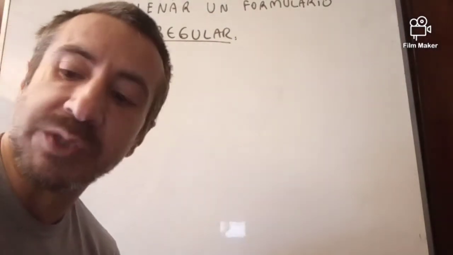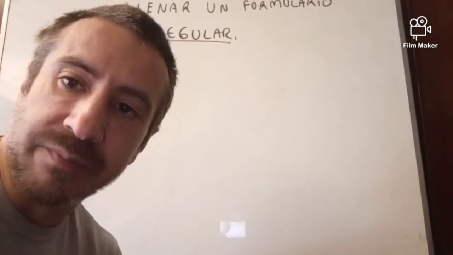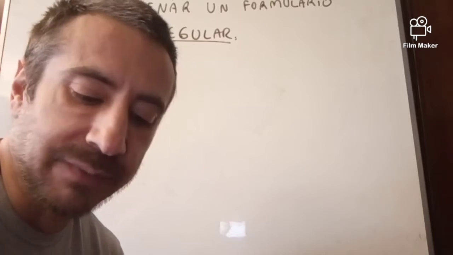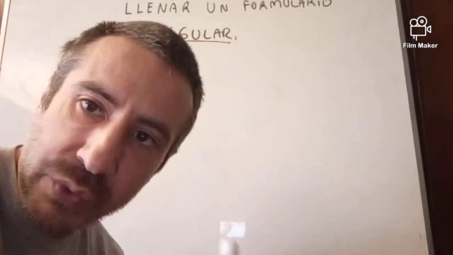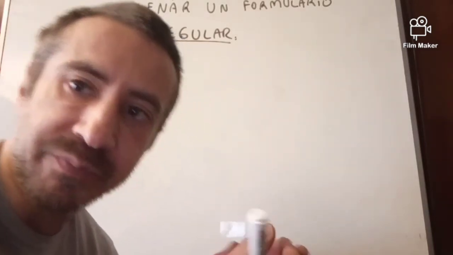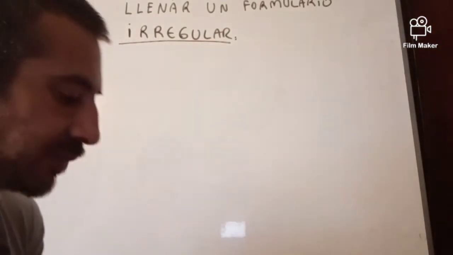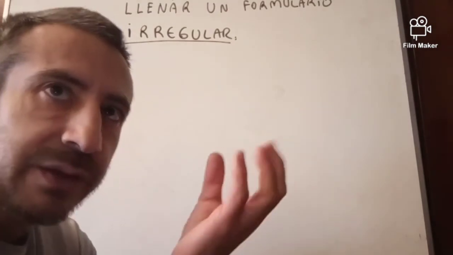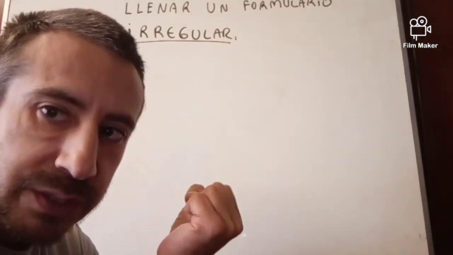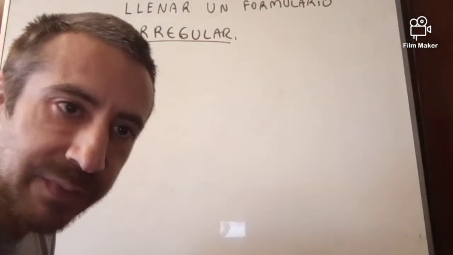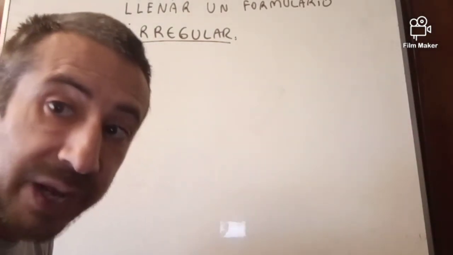For example, the verb to be or the verb to go is irregular both in the root and in the ending. There are some other verbs like poder, which is irregular only in the root. You'll see. The ending will be the same as that for regular verbs.